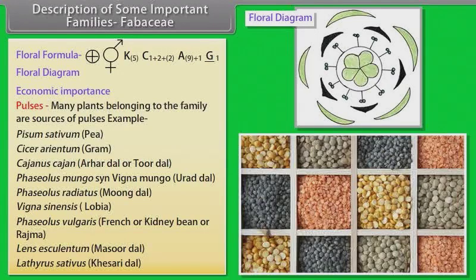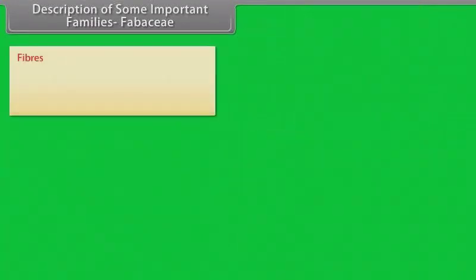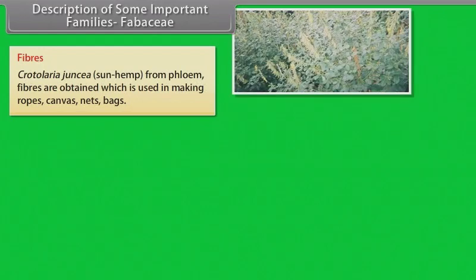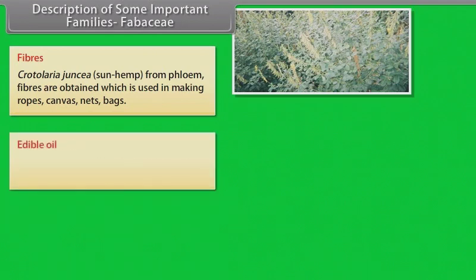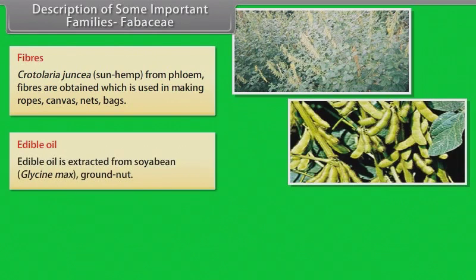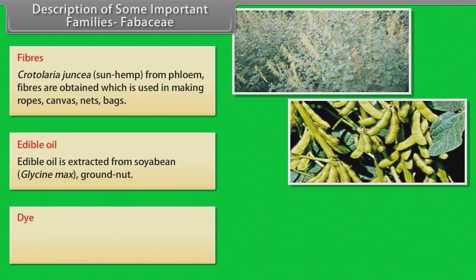sativus, khesari dal. Fibers. Crotalaria juncea, sunhemp. From phloem, fibers are obtained which are used in making ropes, canvas, nets, bags. Edible oil. Edible oil is extracted from soybean, Glycine max, and groundnut. Dye.